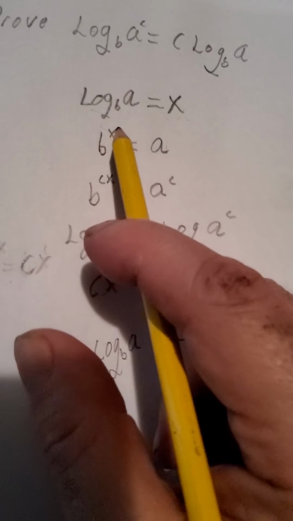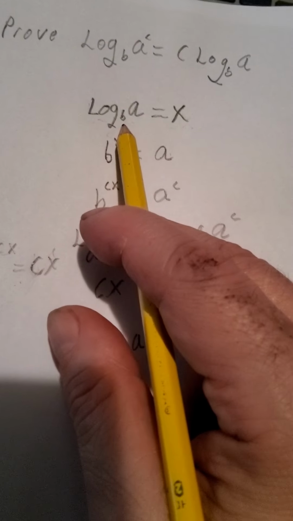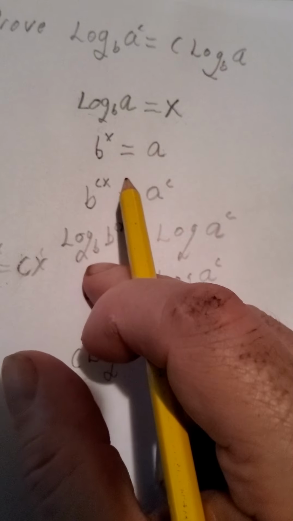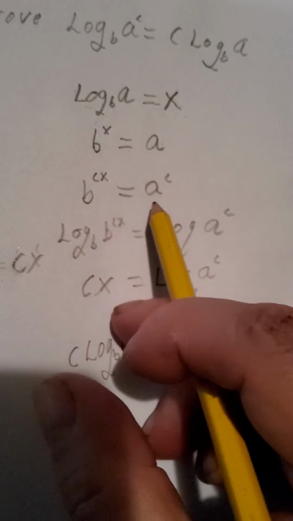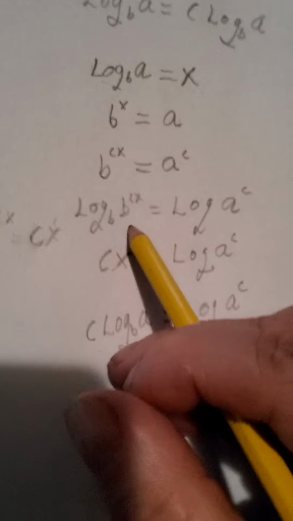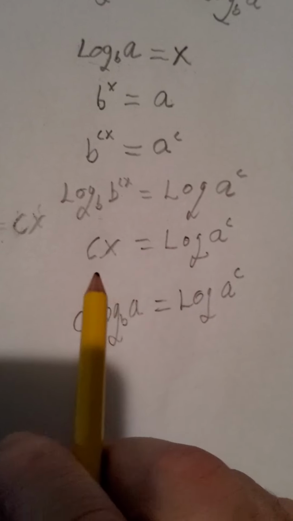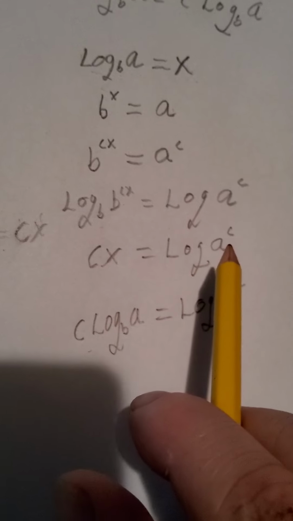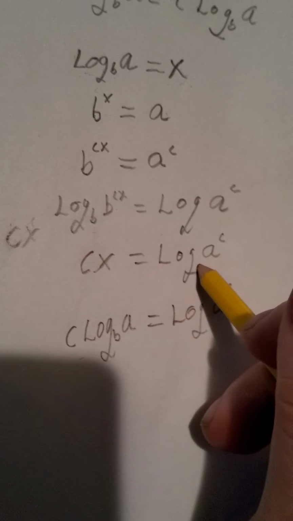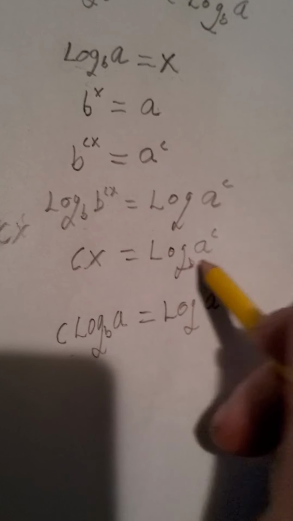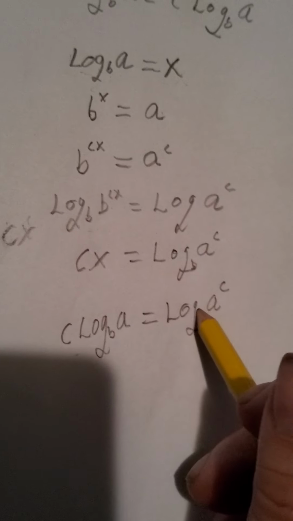So that's the same thing as saying b to the x equals a. And then I raised both sides to a power, and I took the logarithm base b of both sides, and ended up with cx equals log base b of a to the power of c.